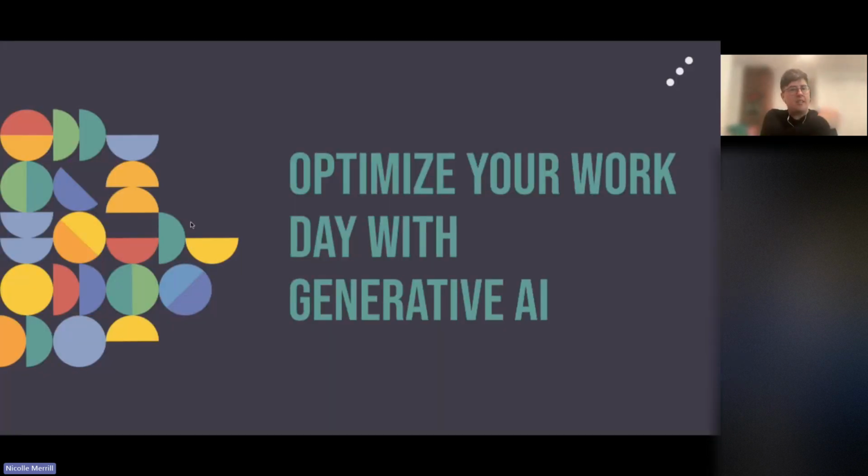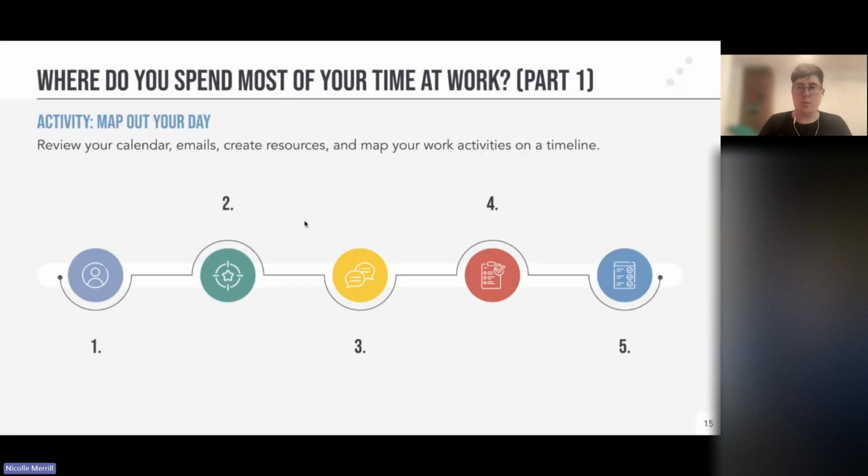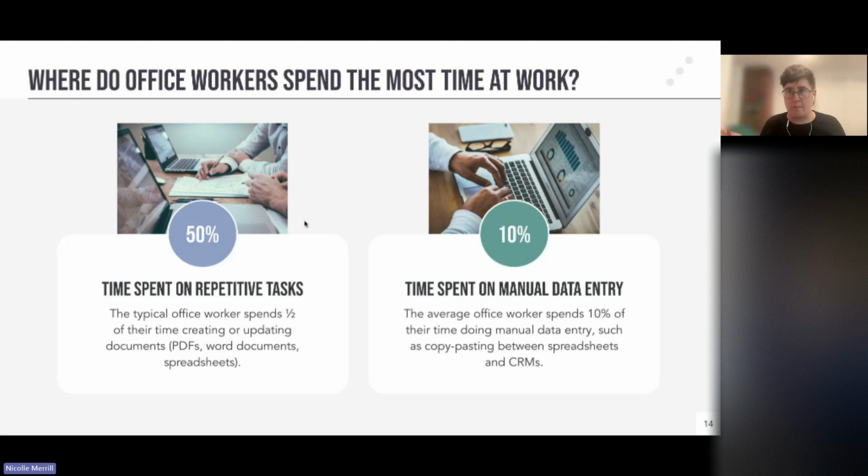So let's talk about your workday. I want you to think about your workday and where you spend the most time at work. Studies show that we spend 50% of our time on the most repetitive tasks. So think about meetings, right? We spend a lot of time in meetings. And the typical office worker spends about half of their time creating, uploading and updating documents. So we see a lot of PDFs, Word documents, spreadsheets, right?